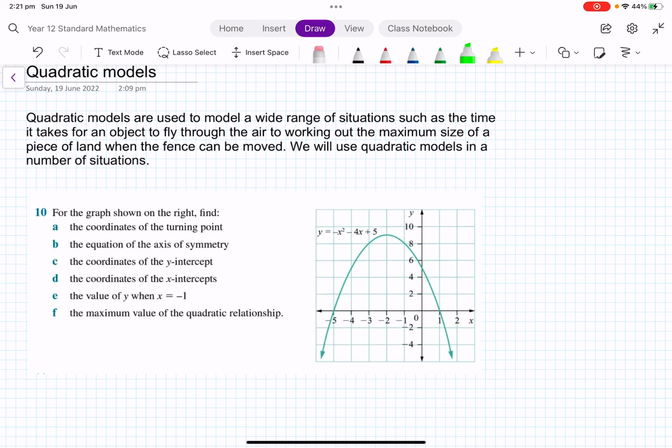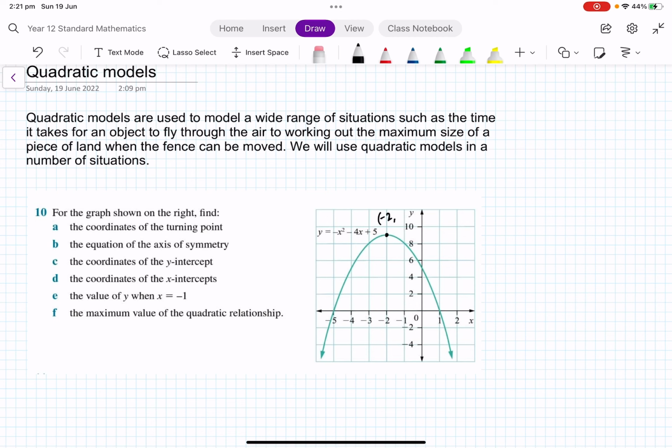So the coordinates of the turning point. If we remember, the turning point, otherwise known as the vertex, is where it turns around. It turns around here, and the coordinates of that: x equals -2, and it's halfway between 8 and 9.